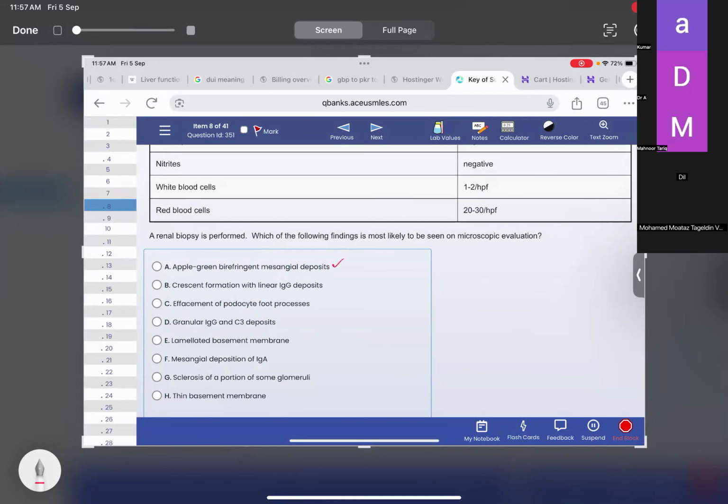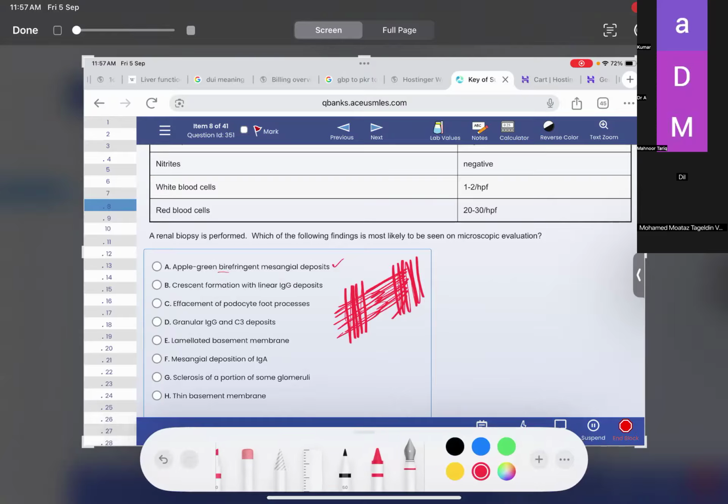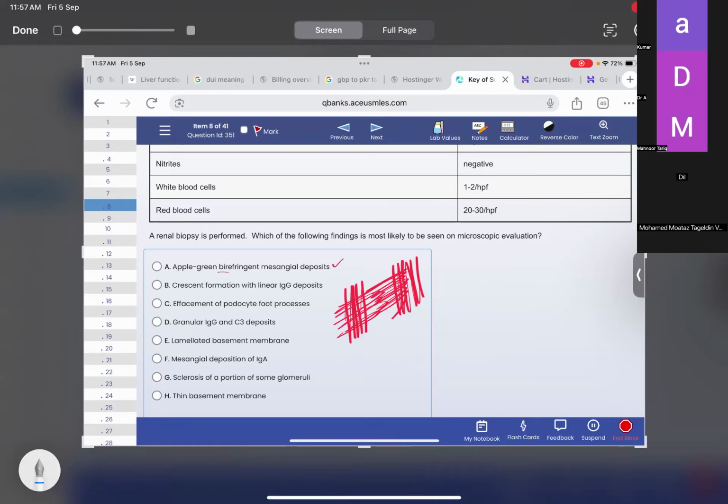Apple green birefringence. What do you understand by birefringence? That's in amyloidosis, right? We have the amyloid protein present somehow like this. If we look under polarized light, some of the substance will take up the light like this, and this portion does not.